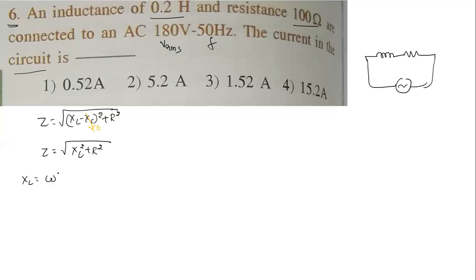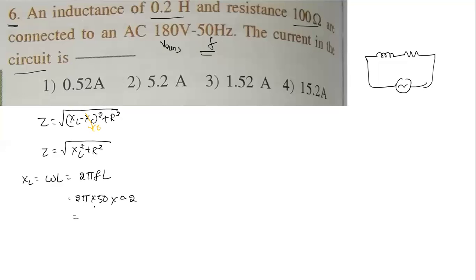XL equal to omega L. Omega is 2 pi f times of L. So 2 pi, frequency how much given? 50 is given. Into 50, into L is 0.2.